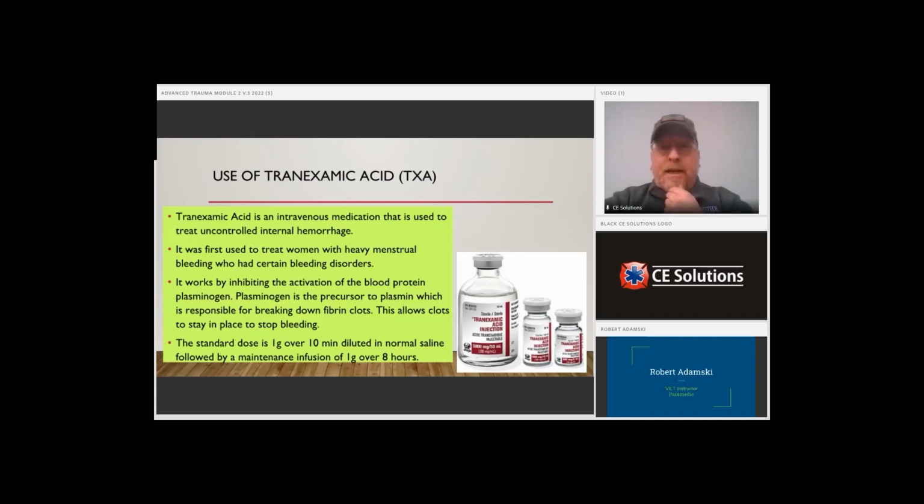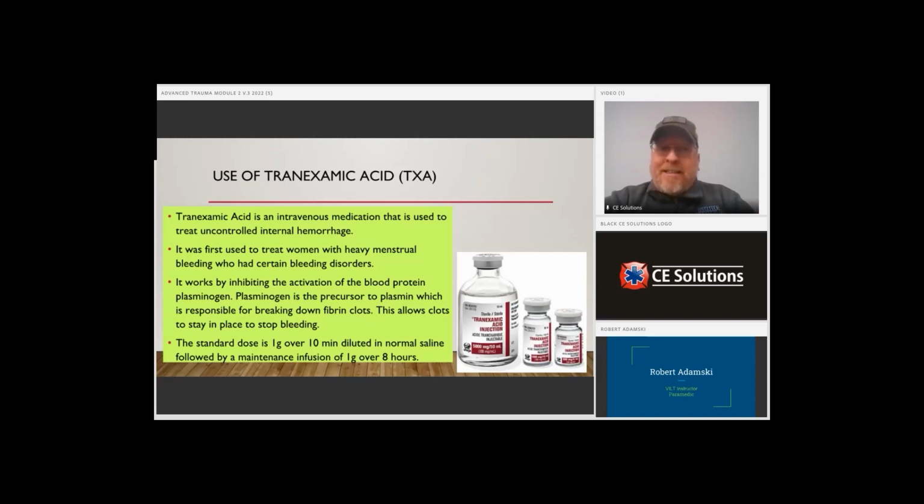Now, from a pharmacology standpoint, the mode of action of TXA is that it doesn't directly stop bleeding, but it indirectly helps promote hemorrhage control, or hemostasis, by stabilizing blood clots and preventing them from being broken down. So you end up achieving better hemostasis after administration of TXA.